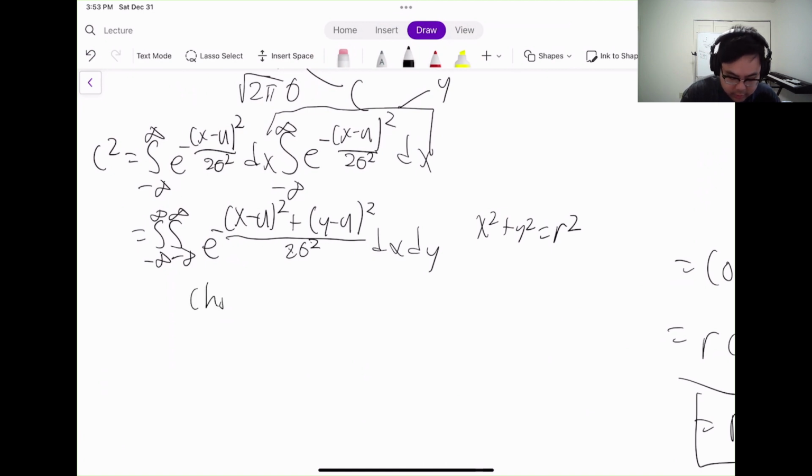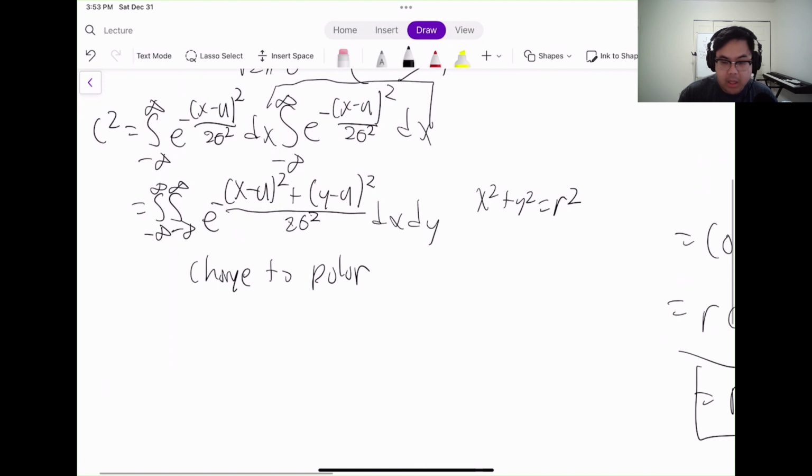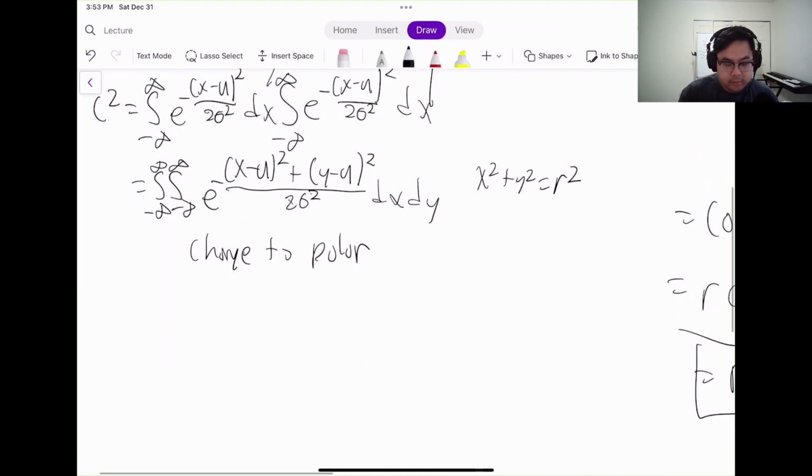Now we got to change to polar. This would be very easily done if we can change this to polar, right? So what we got to do here is realize we can tackle the limits later.